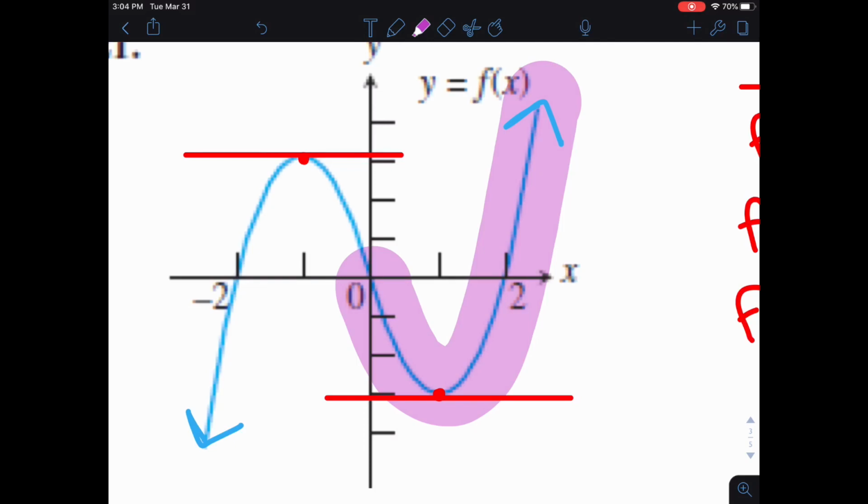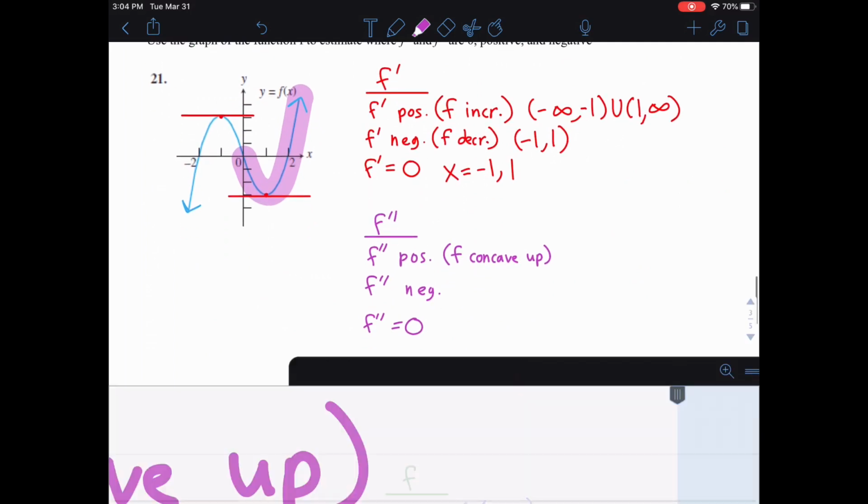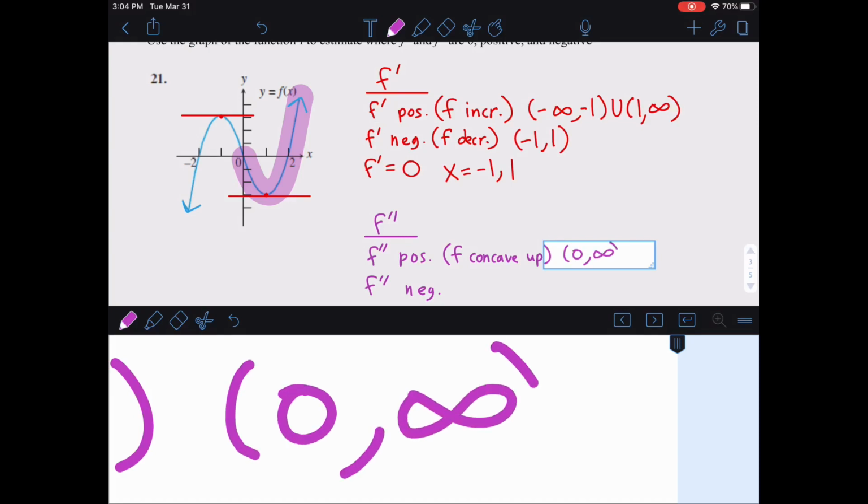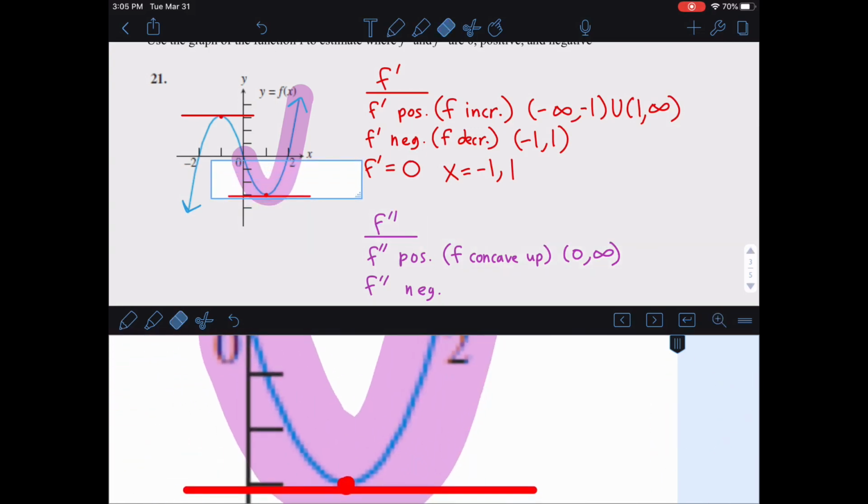It's concave up the entire time. And so I would say about 0 to infinity. Do I know for a fact it's starting at 0? No, but you're allowed to make a little bit of an approximation here. So I would say on that interval, f is concave up.